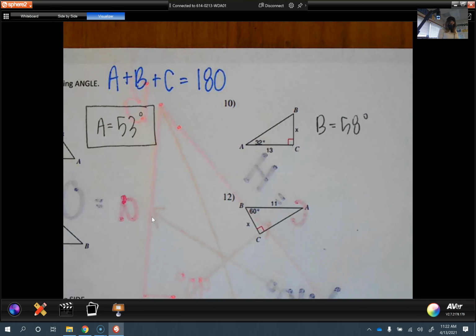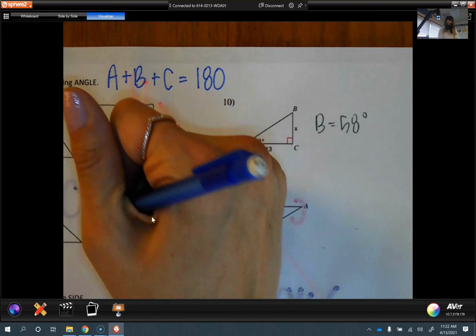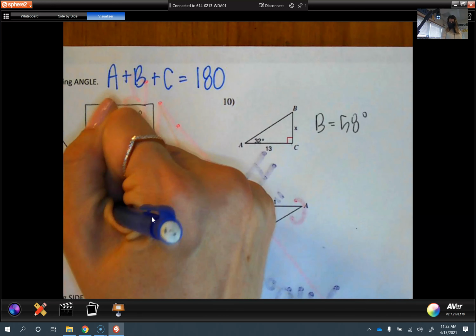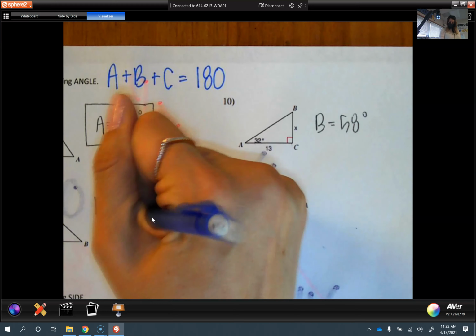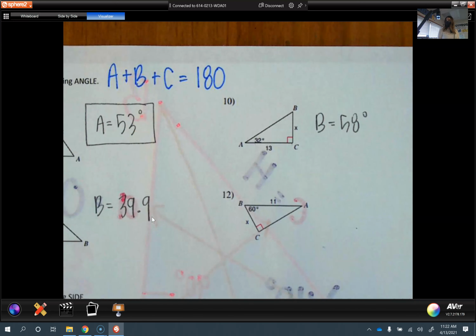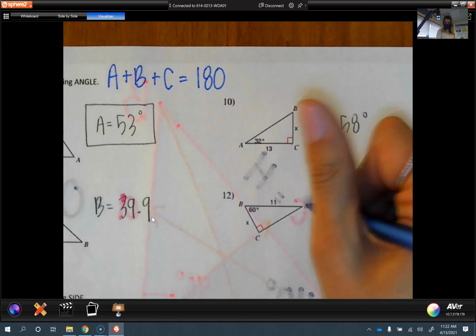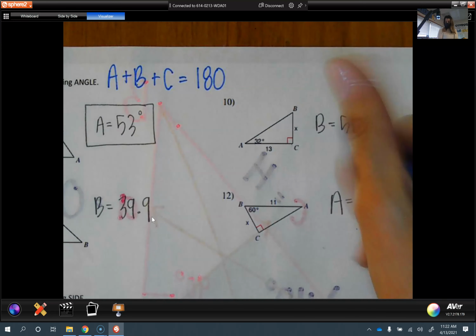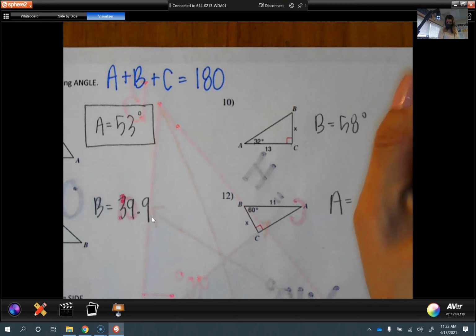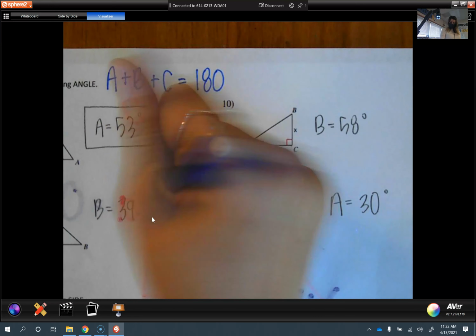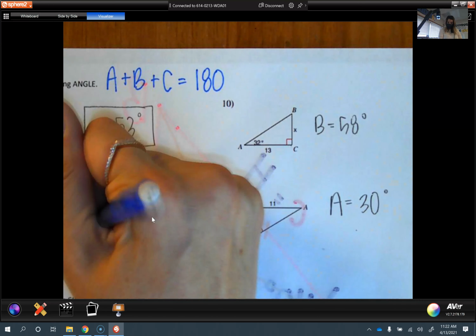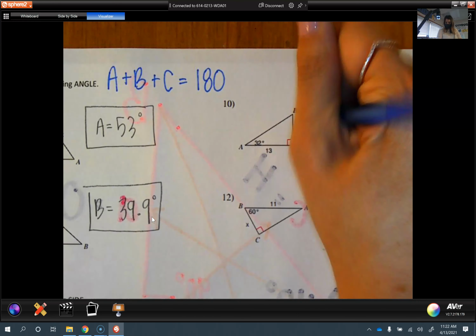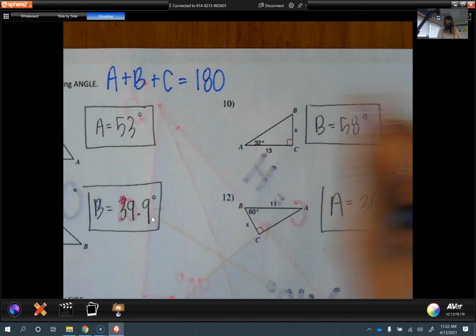For 11, I get that B again is 39.9. And then the last one, I'm looking for angle A, and it is 30. Great. So first step, easy peasy. Would you guys agree? Yeah, it's okay.